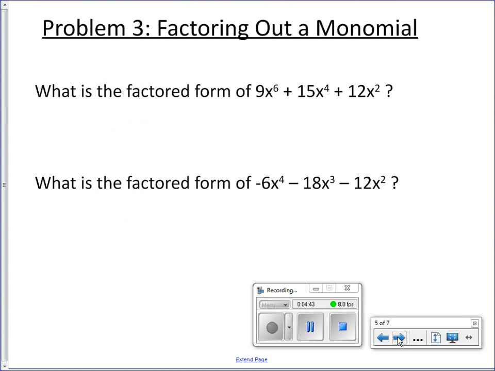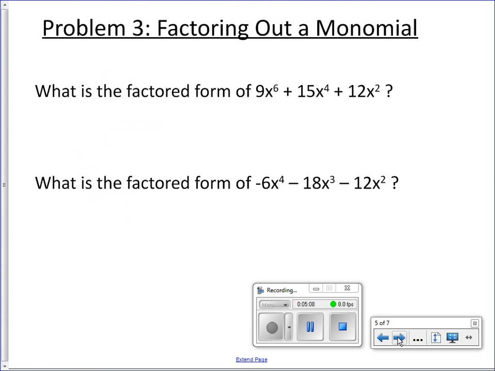Now we're going to apply that concept and factor these trinomials. Rather than write out all the factors each time, I think we can look at these numbers and determine our greatest common factor, though writing them out is an alternative if you need it.